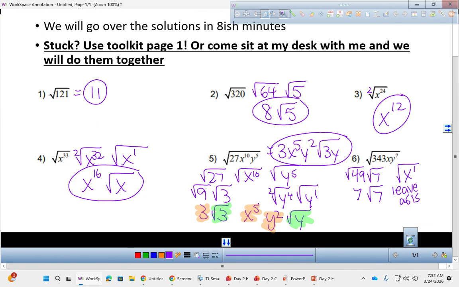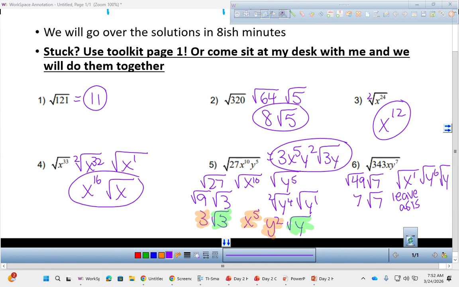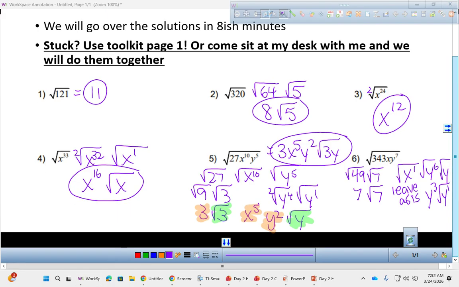I can't break it up, and I can't divide it by 2. All right, and then y to the 7th will become y to the 6th, and y to the 1, which is y to the 3rd, y to the 1. And so if we reorder all of this, we'd end up with 7y to the 3rd root 7xy.